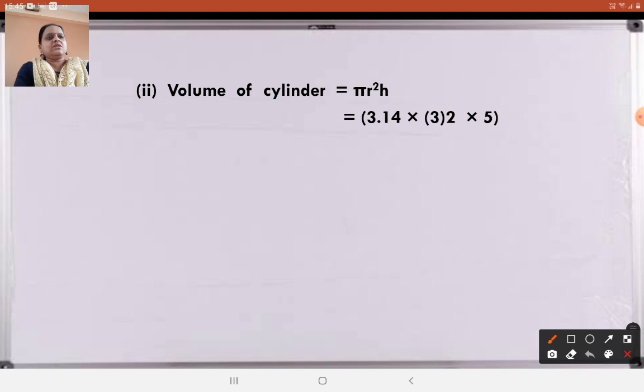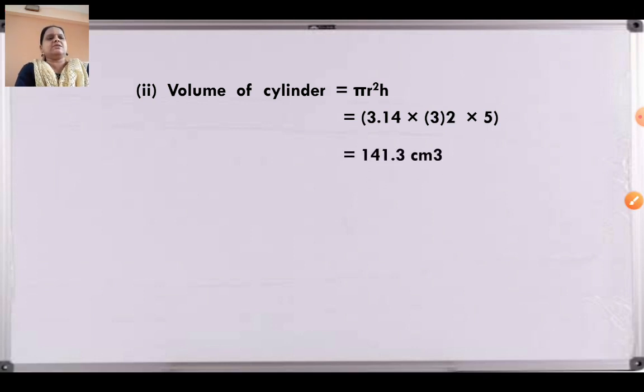Actually it should be 3 square. The 2 should come over here. 3 square into h. Yes, so when you calculate over here, you will get the final answer here as 141.3. Correct? So 141.3 centimeter cube.